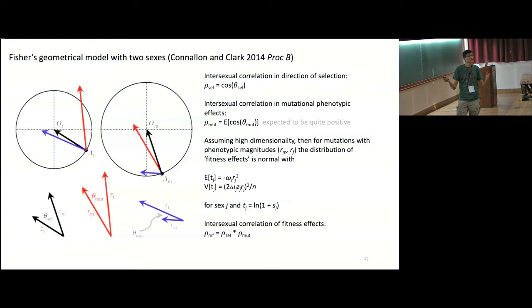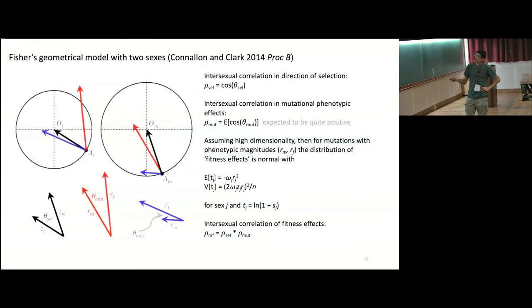But in reality, I think the existing evidence suggests that mutations affect phenotypes similarly in males and females, but often not in exactly the same way. Okay, so we'll probably have some angle here that might not be 90 degrees or certainly not 180 degrees, but it's probably unlikely to be exactly 0 either.